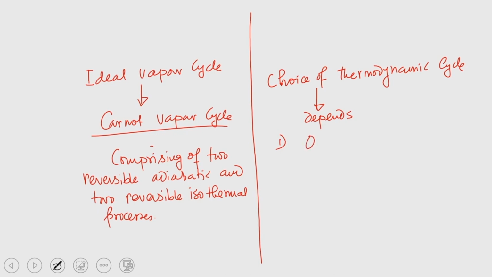One is the operating or the running cost of the cycle or plant, and number two is the capital cost, or sometimes it is known as initial cost.